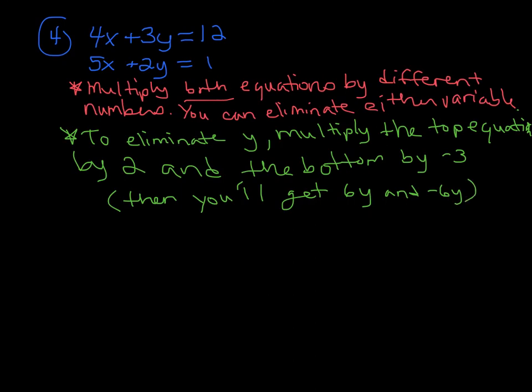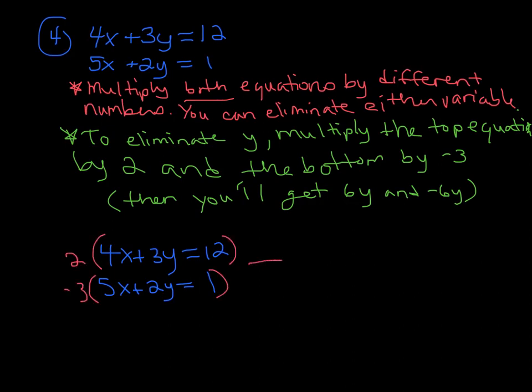So I'm going to quickly rewrite this, and then we're going to do that work. So now top equation is going to be by 2, bottom equation by -3. So make sure that you multiply everything by 2.